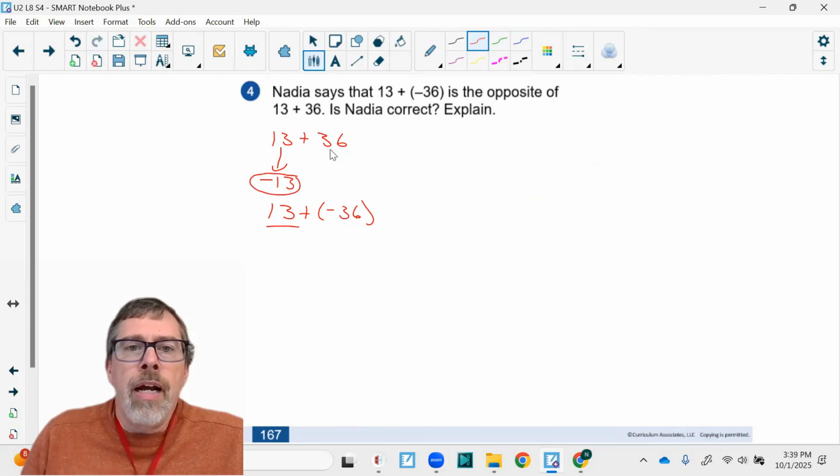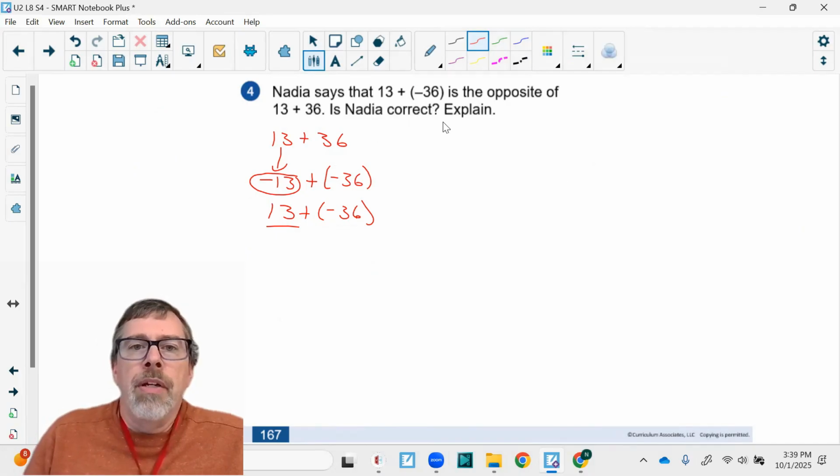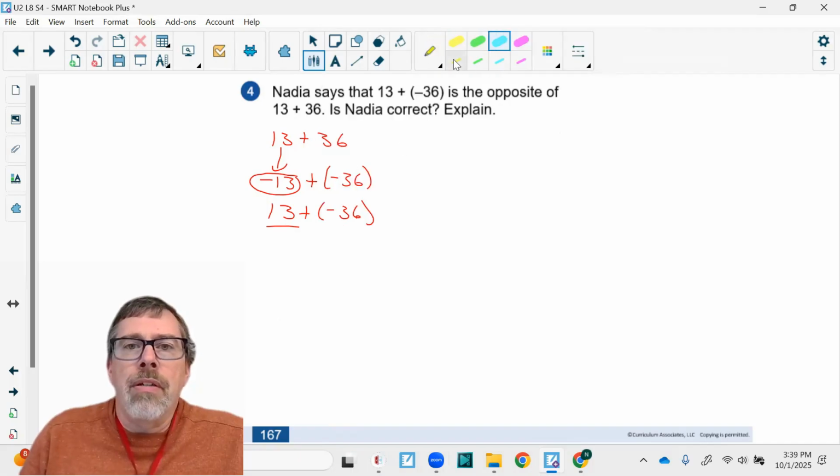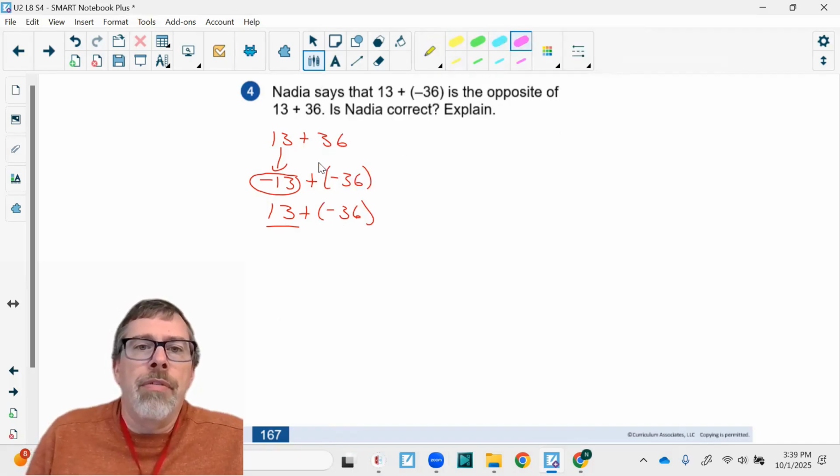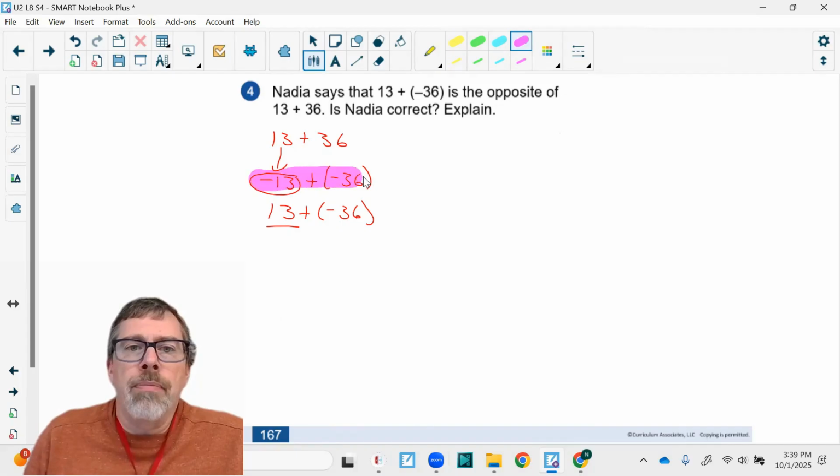And the opposite of plus 36 is plus a negative 36. Well, that's all right. However, Nadia is not correct because she did not take the opposite of both. She only took the opposite of 36. So actually, the opposite of 13 plus 36 is negative 13 plus negative 36.